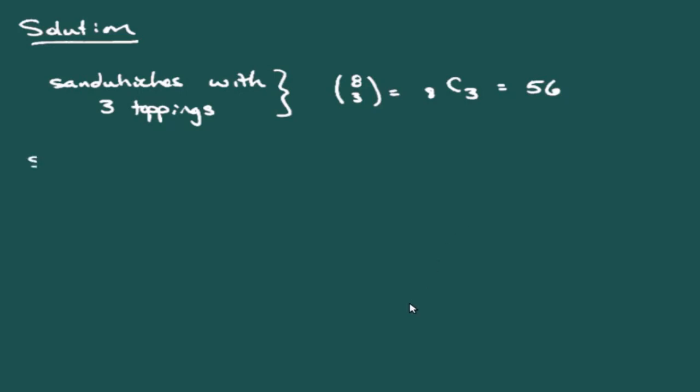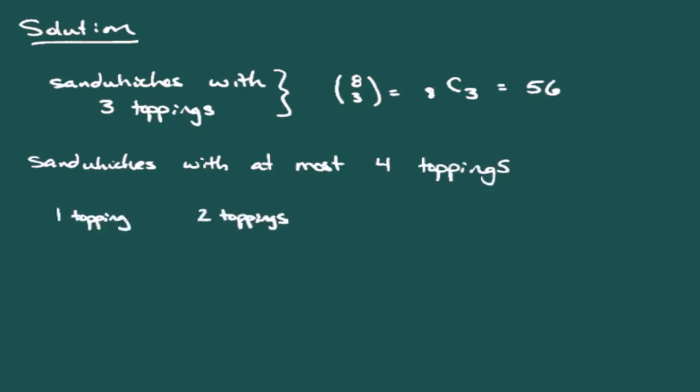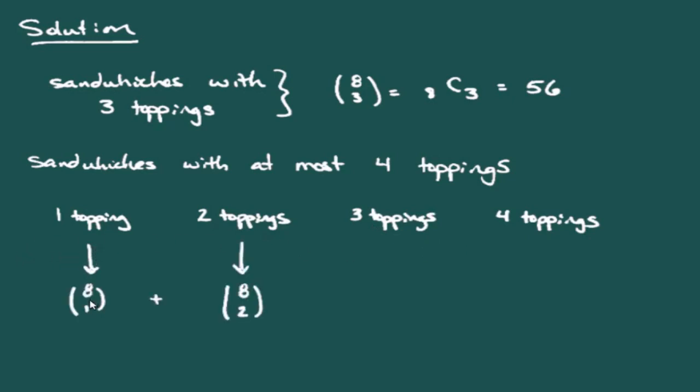Now for the second question, how many sandwiches with at most 4 toppings? Well, our options for that, at most 4, we could have 1 topping, 2 toppings, 3 toppings, or 4 toppings. The number of ways that we can have 1 topping is just going to be 8 possible, and we're going to choose 1. For 2 toppings, 8 possible, and we're going to choose 2. For 3 toppings, 8 possible, and we're choosing 3. For 4 toppings, 8 possible, and we're choosing 4.